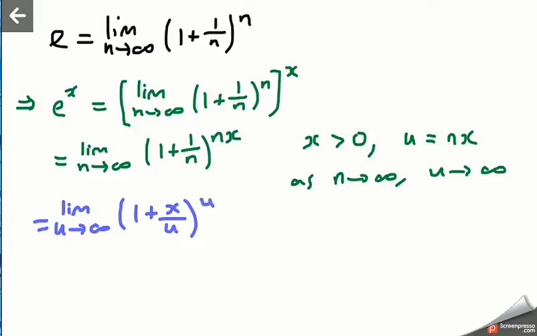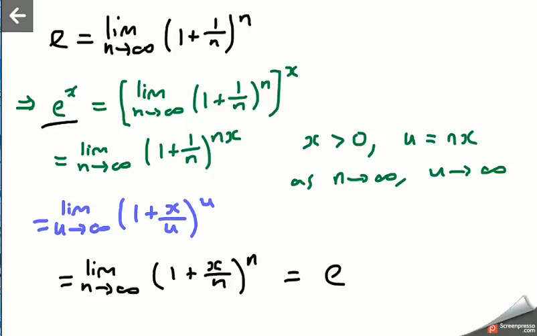Finally, we can just relabel it now because it doesn't matter whether we call it u or n, it's still the same thing. So this is equal to the limit as n tends to infinity of (1 + x/n)^n. And so that's equal to e to the power of x.